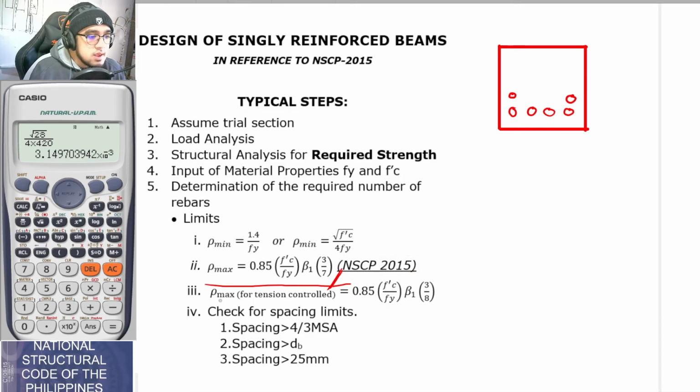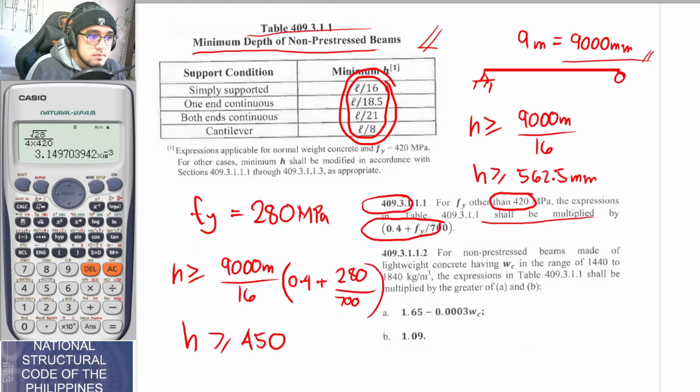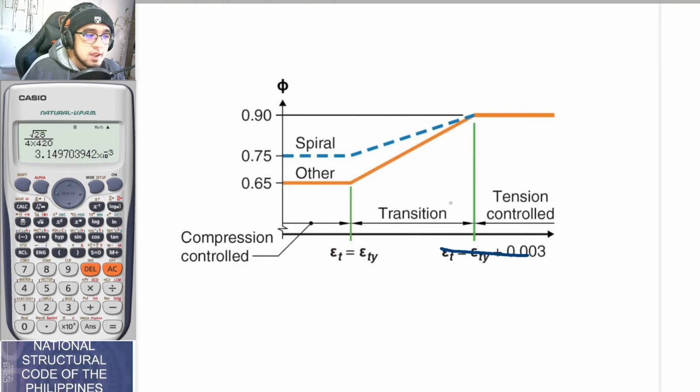Okay. And in here, guys, if you want your rho max to be tension controlled, you will be making use of this value. So where does that come from? Because if you can remember once again, guys, in this particular graph for your phi, this is for your compression controlled region, this is for your transition controlled, and this is for your tension controlled. Though theoretically this is the equation here, forget about that first because there is actually a prescription by NSCP.